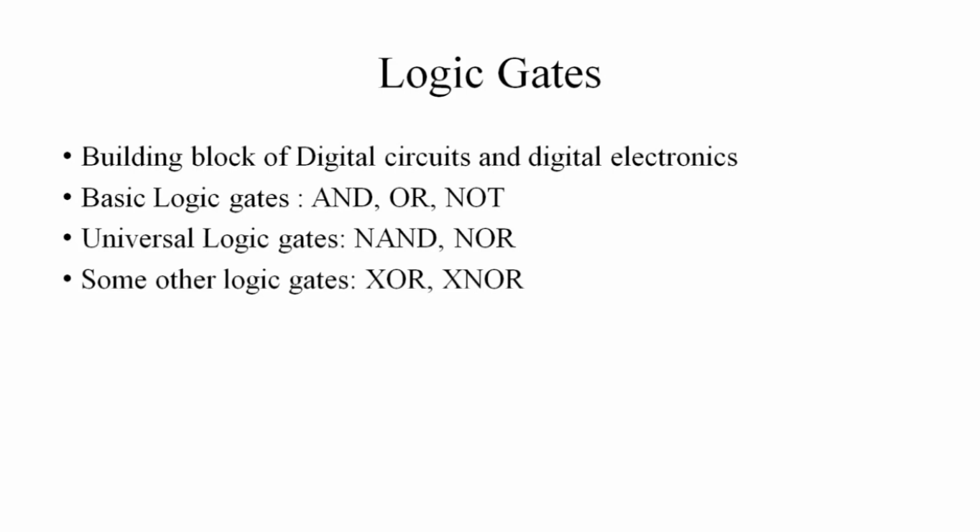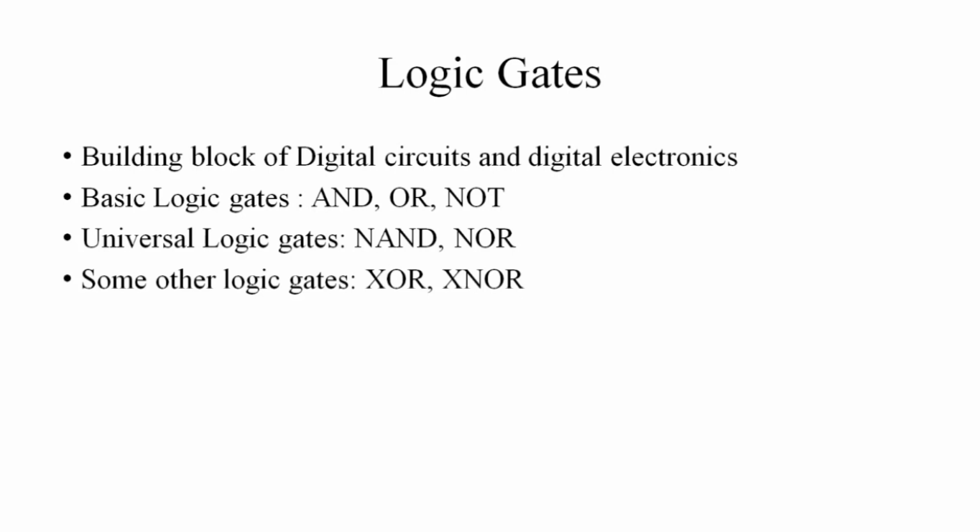Generally there are three basic logic gates: AND gate, OR gate and NOT gate. We implement any circuit or any Boolean function by using only these three logic gates. With the help of OR gate, AND gate and NOT gate, we design any digital circuit.